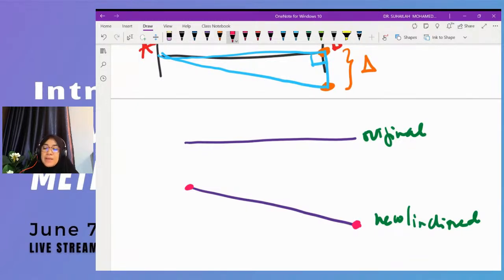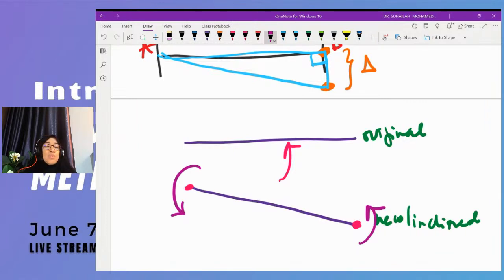In order to get back to the original position, we have to apply moment in this direction and in this direction, so that the beam will move back to horizontal. So we have to push it back to its original position.